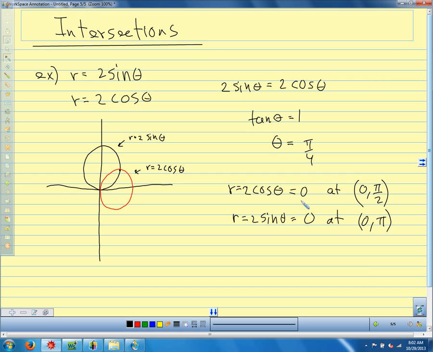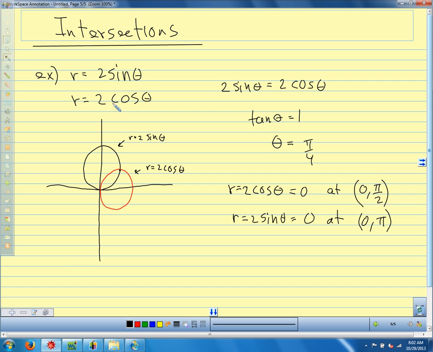The example that I think of is like satellites that are orbiting the Earth. Their paths might cross, but that doesn't mean those satellites are going to necessarily collide, because they can be at that point in space at different times. So these two functions equal 0 at different values for theta. So that's one thing that can happen with the intersections of polar graphs.